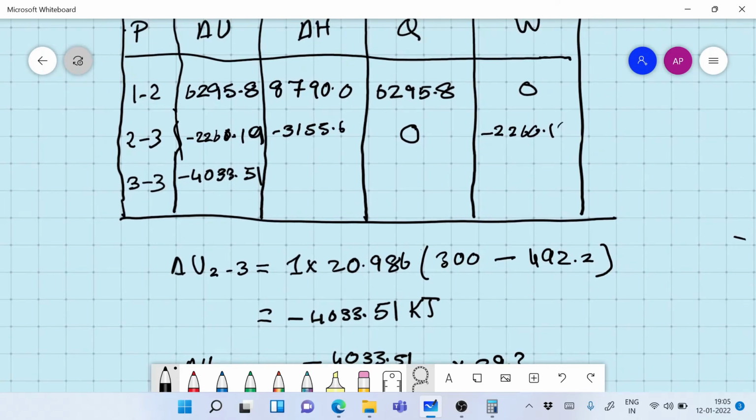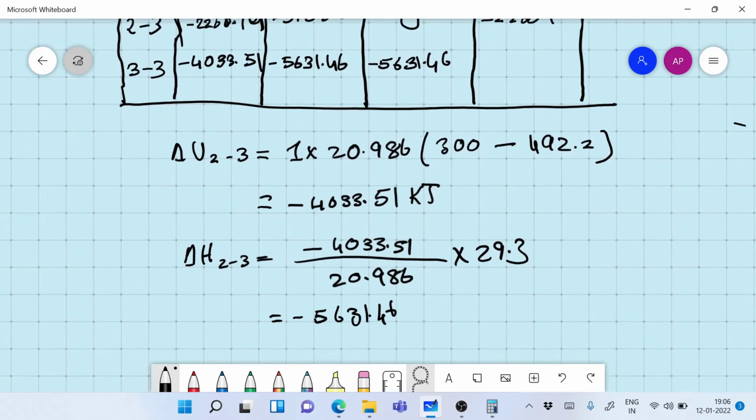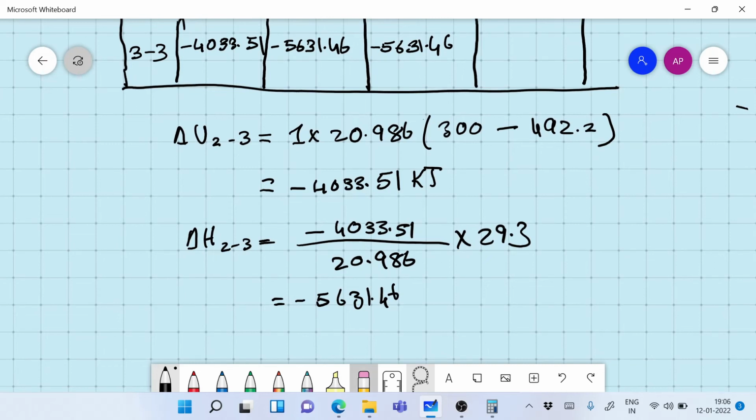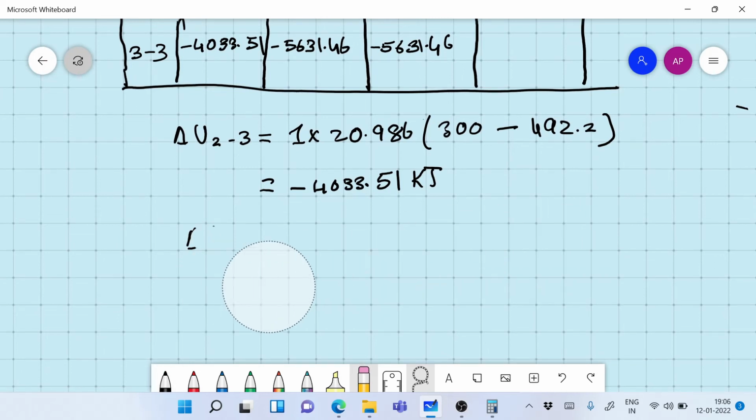We make a note of it. Now, since this is a constant pressure process, the heat will be equal to the delta H. So that is minus 5631.46.